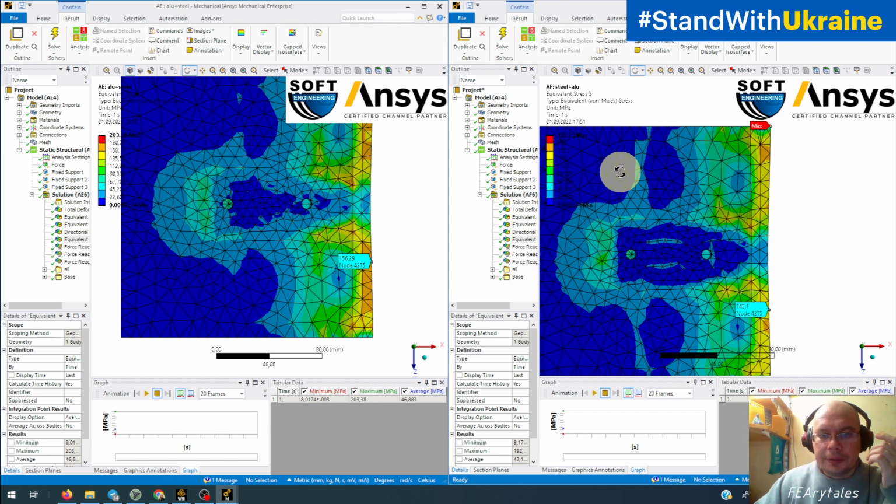So if we have a construction created from different materials, depending on the stiffness of these elements of this part, we will have different stress distribution, and this stiffness can come from geometry and can come from materials.